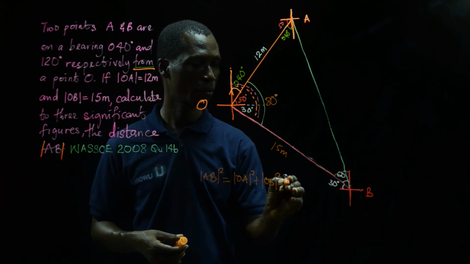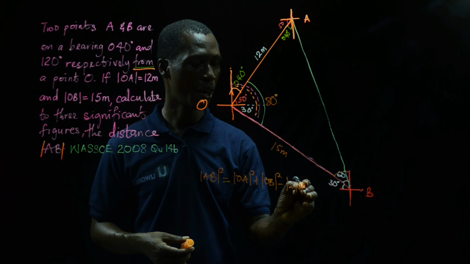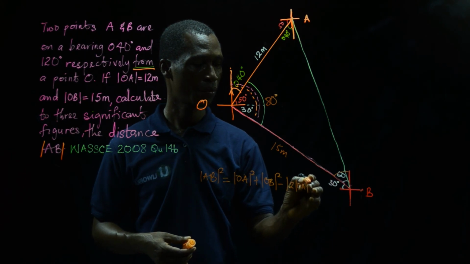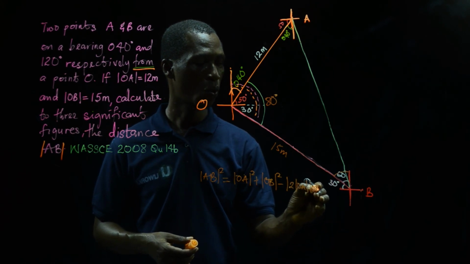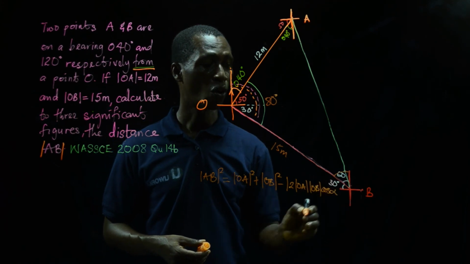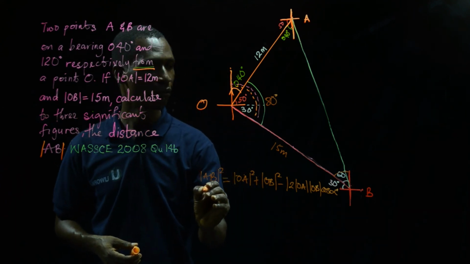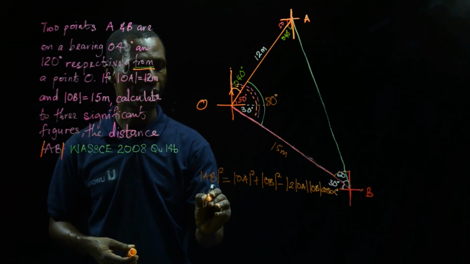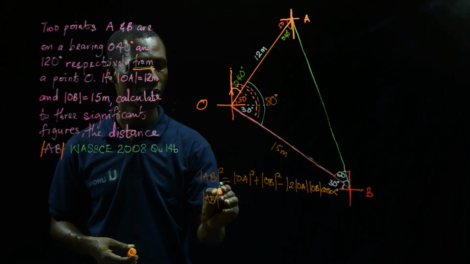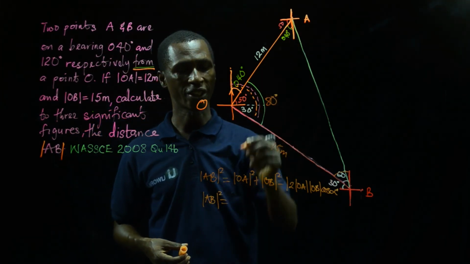minus twice OA OB cos theta, or I'm using cos alpha degrees. So what do I have? AB squared is now equal to, what do we have for OA? OA is 12.